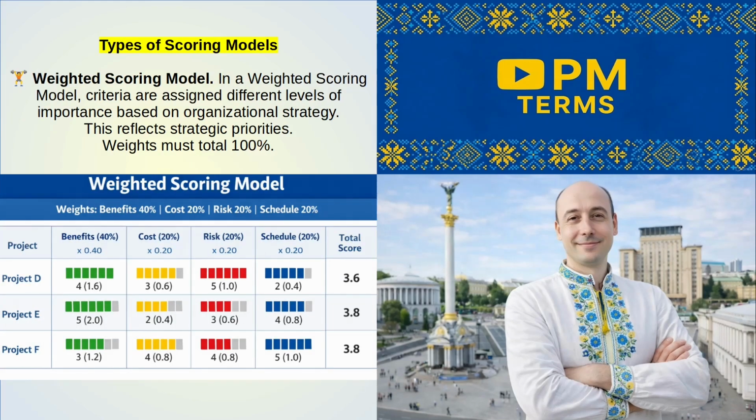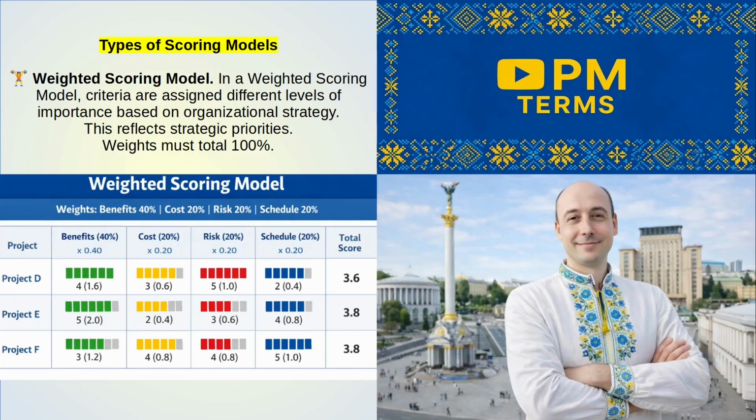Weighted scoring model. In a weighted scoring model, criteria are assigned different levels of importance based on organizational strategy. This reflects strategic priorities. Weights must total 100%. Let's frame this with an example.